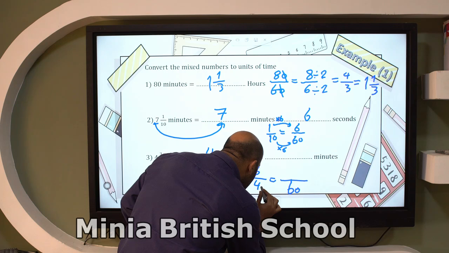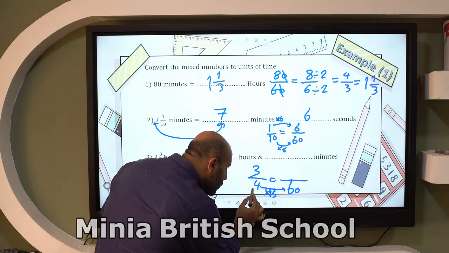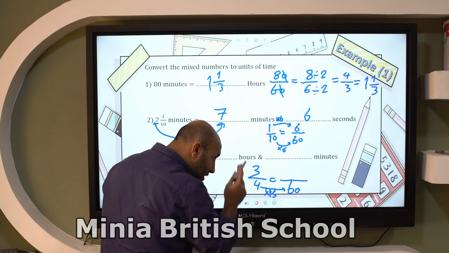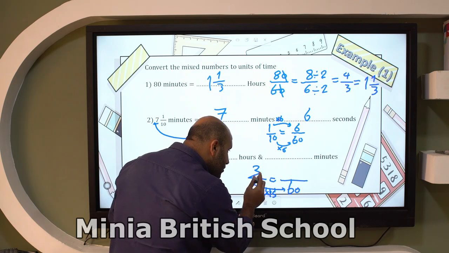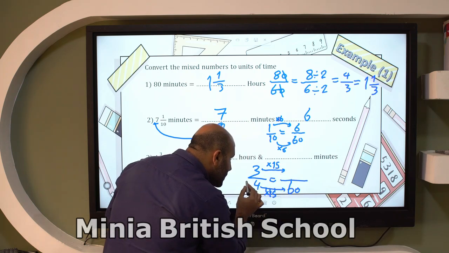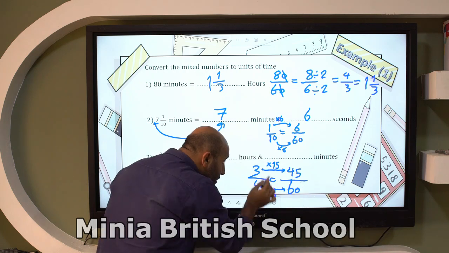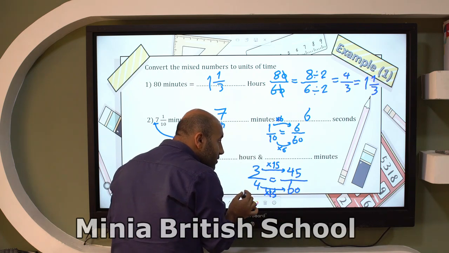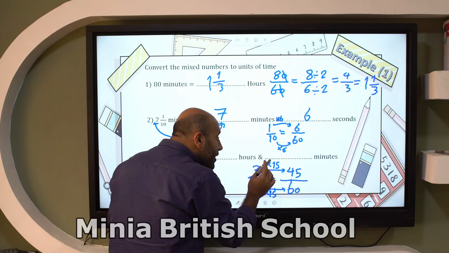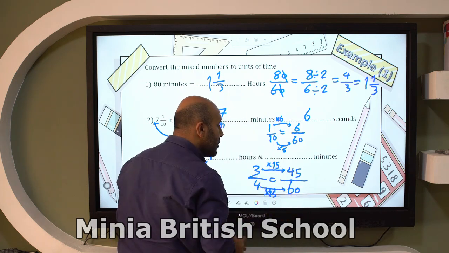So the 4, it times by 15. 4 times 15 equals 60, and just like I multiplied the denominator, I will multiply the numerator by 15. So 3 times 15 equals 45. So the 3/4 of an hour is represented by 45 minutes out of 60.